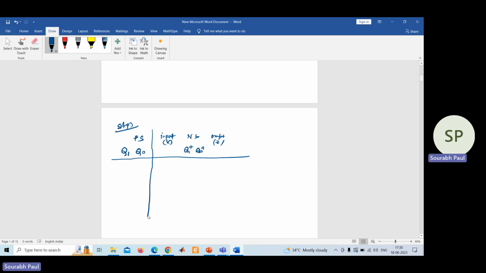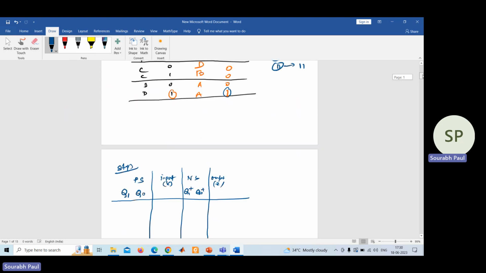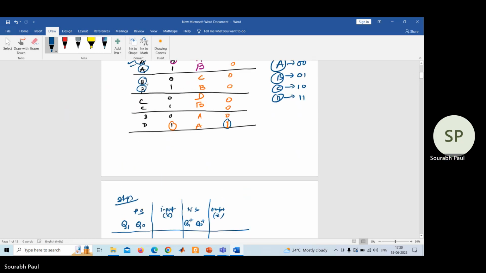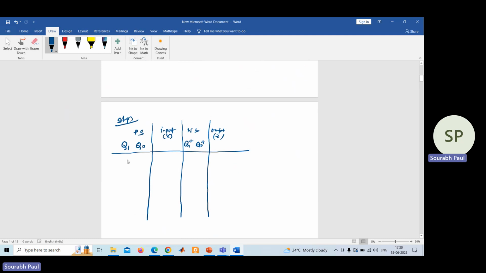So each of the things is represented by some variable. Okay, so if you can remember, first one was A. So A has to be replaced by 0, 0. Okay, B has to be replaced by 0, 1. C has to be replaced by 1, 0. D has to be replaced by 1, 1. Fine. So you had input 0, 1, 0, 1, 0, 1, 0.